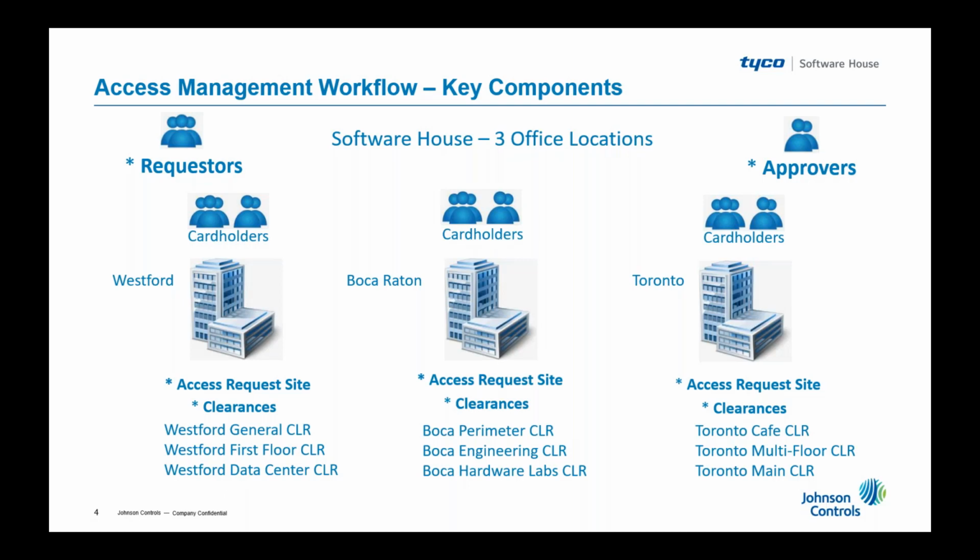We can build what we call access request sites that would cater to those requesters, the cardholders in that location, and the approvers tied to the clearances for that location. So it's a way for us to manage separate locations within a single company, where only those people that reside at those locations can request and approve those clearances. So a couple of different scenarios there.